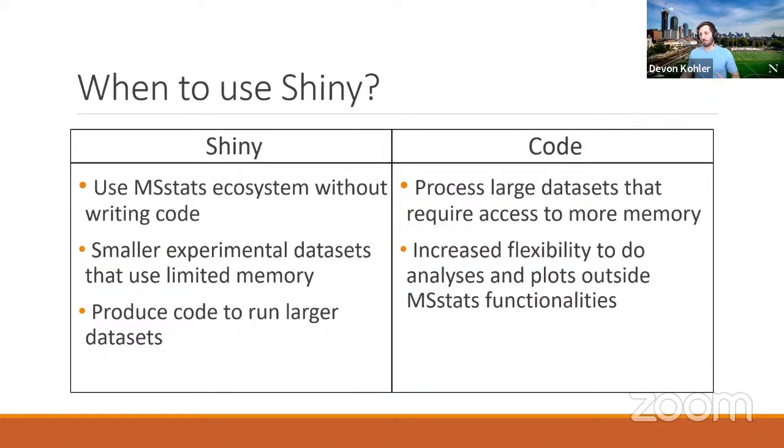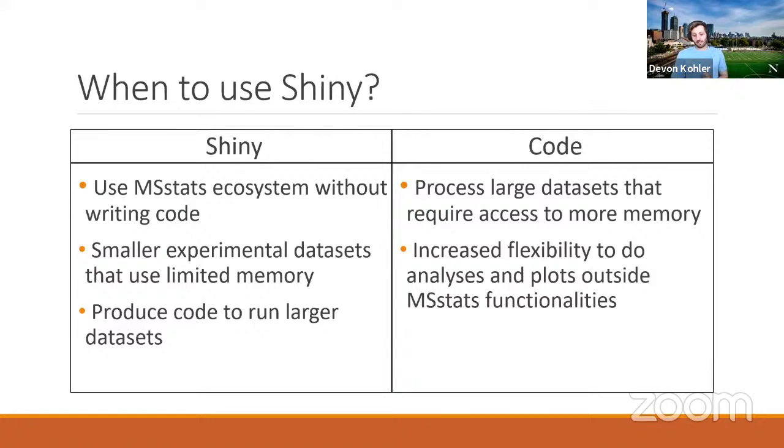Everything that you choose gets put into this code file, and then you can download it. And then all you need to do is replace the CSVs in the code with your larger data sets. Then you can run the exact same thing that you ran in Shiny, just using the code, and you don't have to write the code yourself. You just run it in RStudio in the console, and it will be able to run the larger data set.